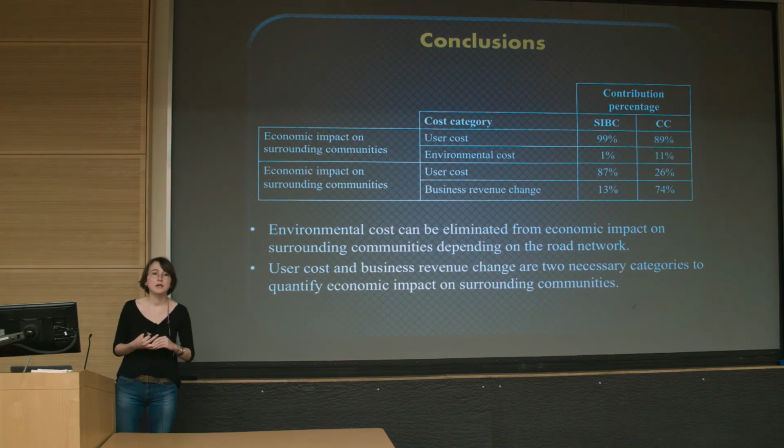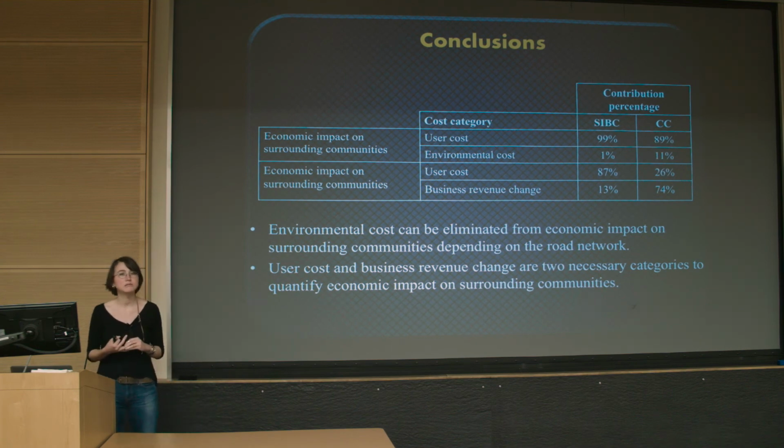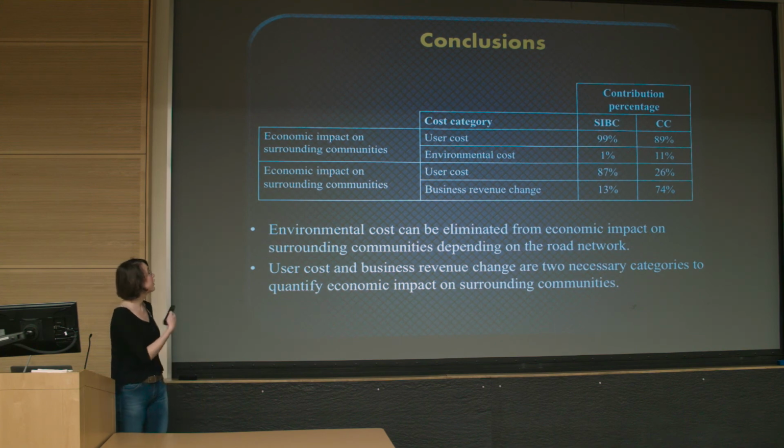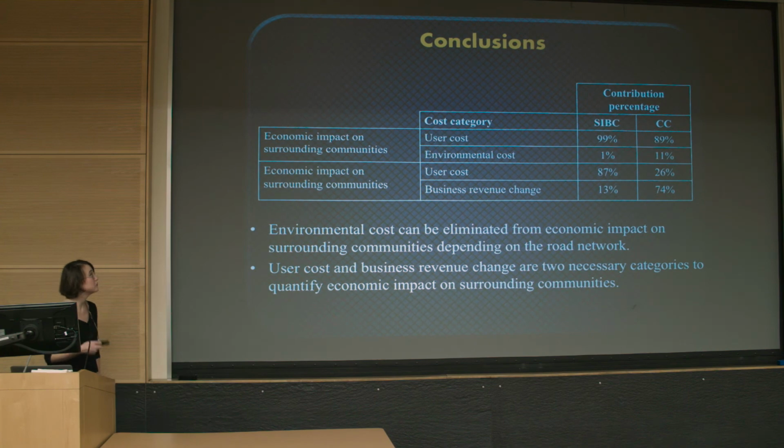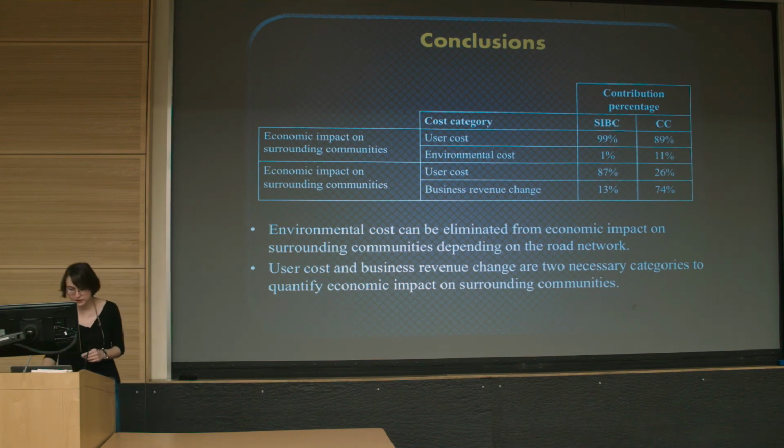However, when this model is applied to more complex urban areas, it's not really wise to eliminate environmental costs from the economic impact on surrounding communities. When it comes to economic impact on surrounding businesses, both of the contributing cost parameters should be kept in the economic impact analysis procedure.